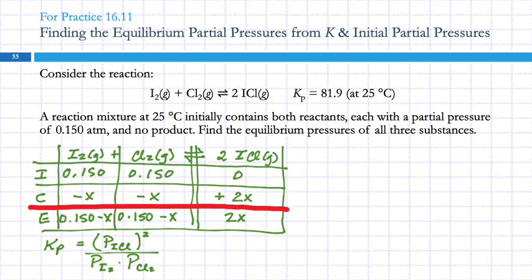Same format, just partial pressures instead of molarities. 81.9 is equal to 2x squared divided by, now I can simplify this a little bit. Each of these is equal to 0.15 minus x. So instead of writing all of that out twice, I'm just going to say 0.150 minus x, the quantity squared.